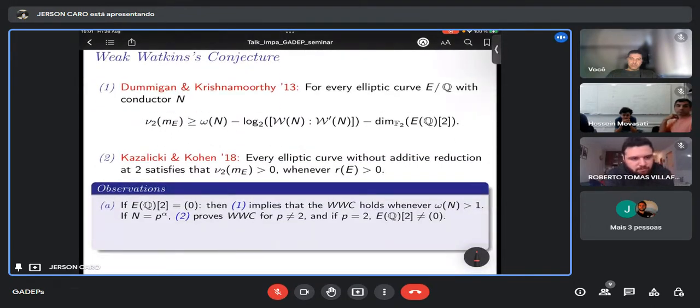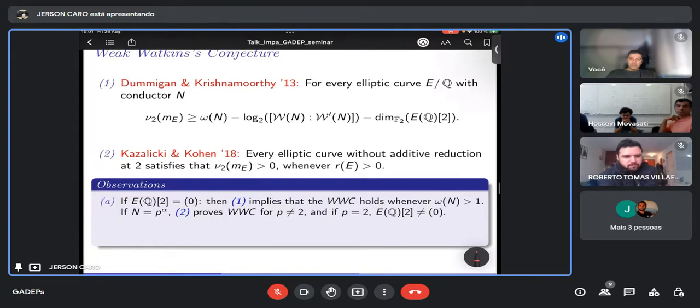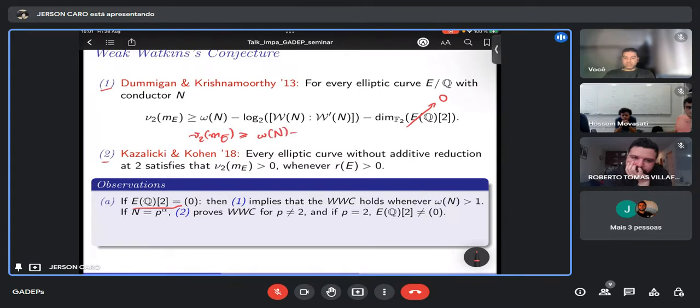And I want to make two easy observations about these two theorems. The first one is that if the rational two torsion is 0, then this is 0. So in particular, the worst scenario here is that the valuation is bigger than omega(N) minus 1.